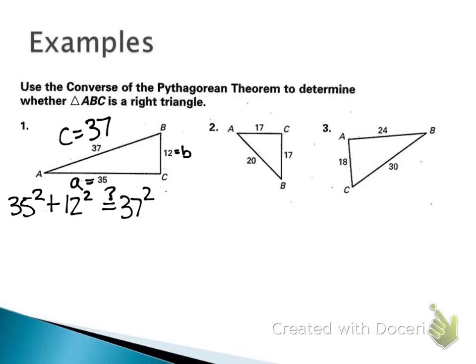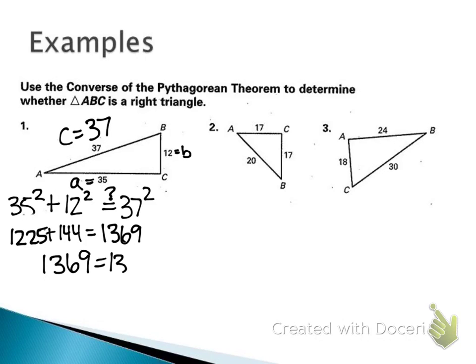What is 35 squared? 1,225. 12 squared is 144. What is 37 squared? 1,369. If we add those together on the left, what will we get? So is this a right triangle? Yes.